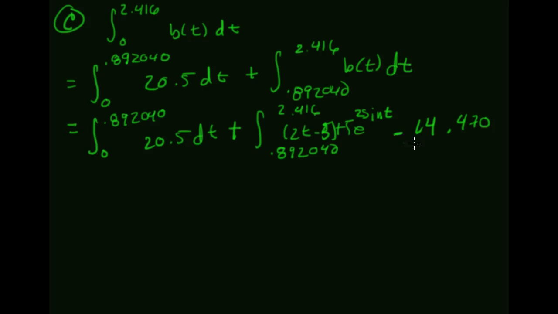So the difference between these would be the area below the B curve. So once you take all of that, push it together, you're going to get 48.313 liters, which is the amount that is in the B tank at time 2.416.